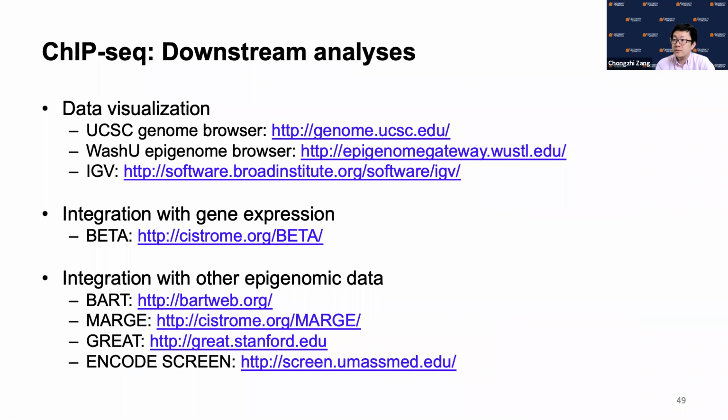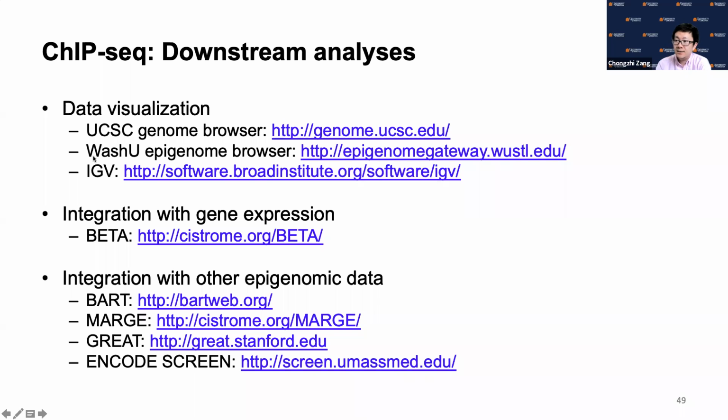And then for downstream analysis, let's say data visualization, we usually visualize the data on the genome browser. There are several options for genome browser. UCSC genome browser is one of the oldest ones, used by many consortia. And the WashU genome browser is especially powerful for large-scale DNA methylation, as well as I think 3D genome interaction type of data.